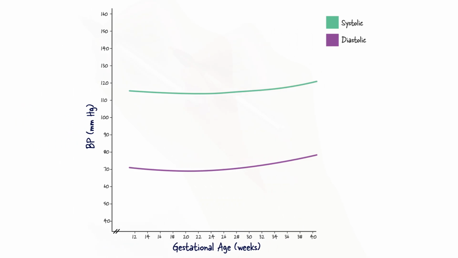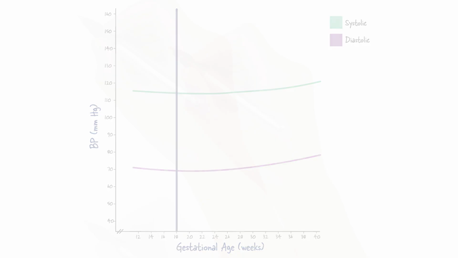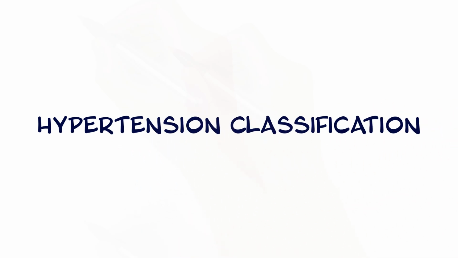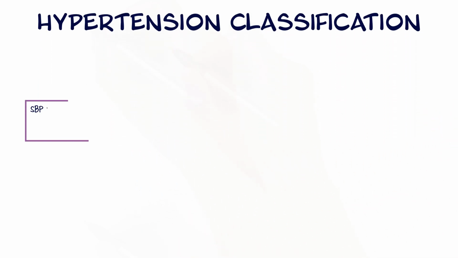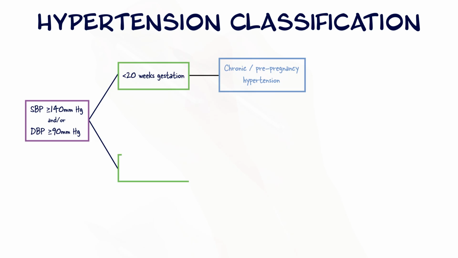This figure illustrates these physiological changes with a slight dip in systolic and diastolic blood pressure around the 18th week of gestation. Hypertension in pregnancy is classified according to this flow diagram, where blood pressure above 140/90 before 20 weeks gestation is pre-pregnancy or pre-existing or chronic hypertension, and that diagnosed beyond the 20-week mark as a hypertensive disorder of pregnancy.